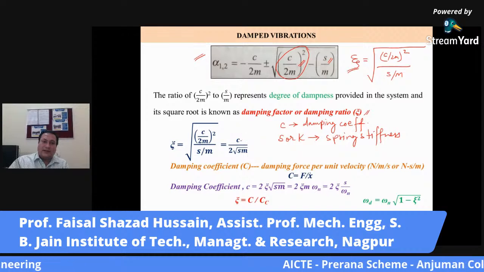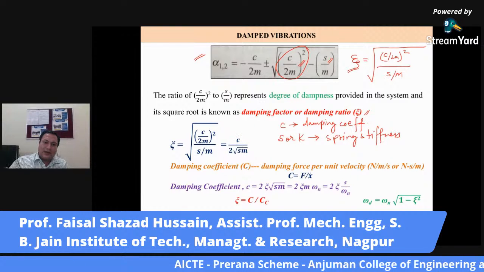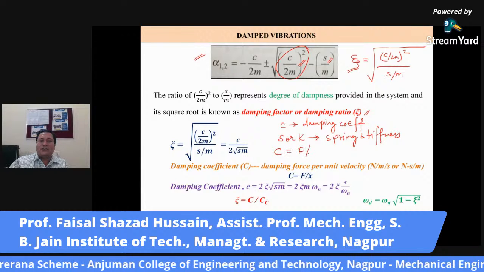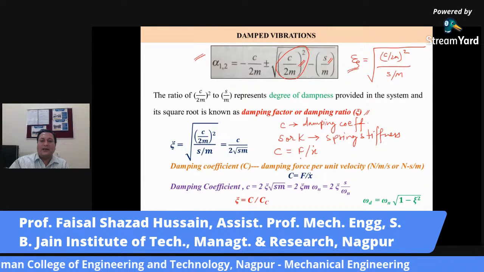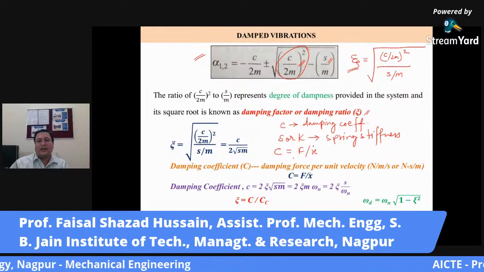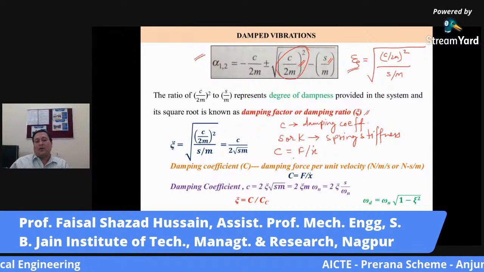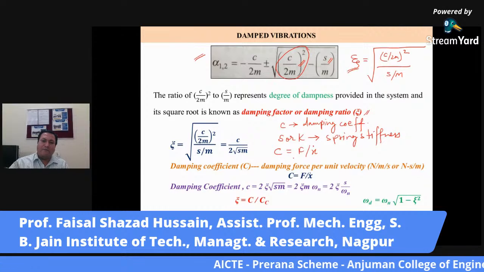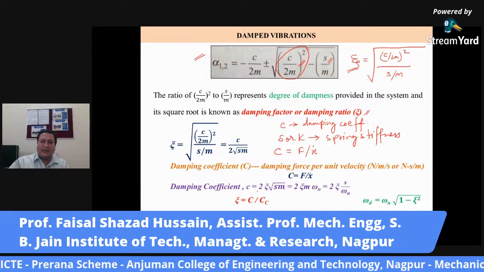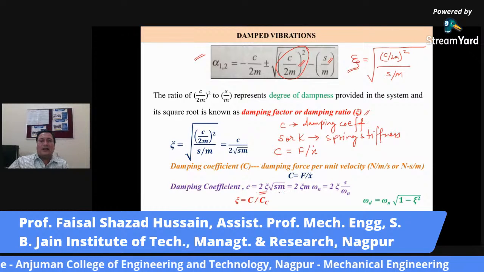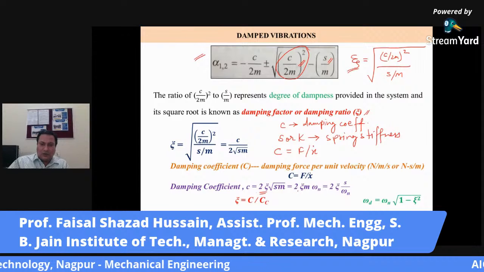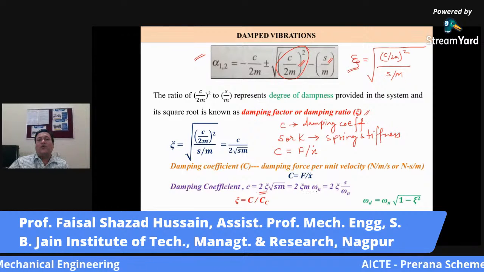Now in this equation, as I have told you, c is your damping coefficient, and the damping coefficient is defined as the ratio of force per unit velocity, and its unit will be Newton per meter per second, or Newton second per meter. Also, the damping coefficient can be written as c equal to 2 zeta under root s into m, which is equal to 2 zeta m into omega n.